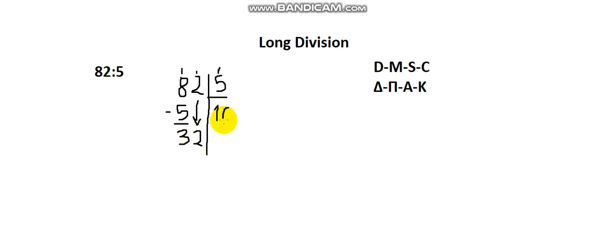It fits 6 times. 6 times 5 makes 30. I subtract, and now I get 2. I go to pull down the next digit, but I can't. There is no next digit, so I'm done, and my result is 16, sorry.